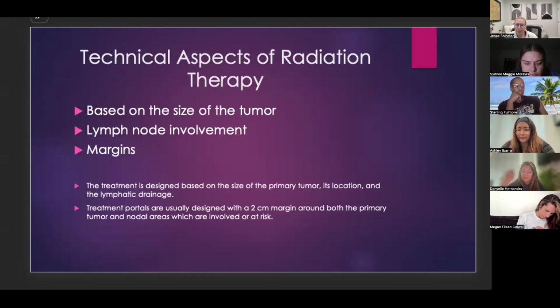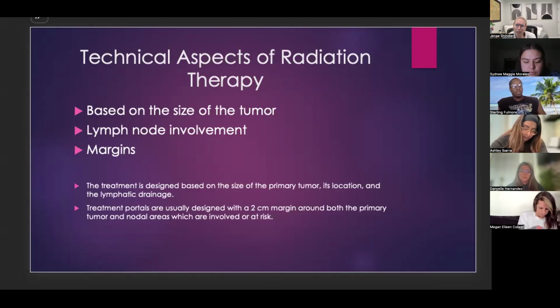The treatment design is based again on the primary tumor, its location, and lymphatic drainage. Treatment portals are usually designed with a 2 centimeter margin around both the primary tumor and nodal areas that are involved at risk. 2 centimeter is generous. We don't necessarily do that anymore, and we definitely don't do that on SBRT.